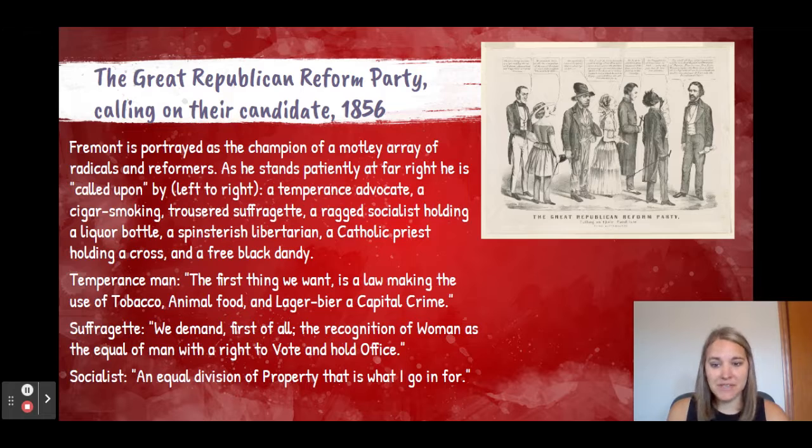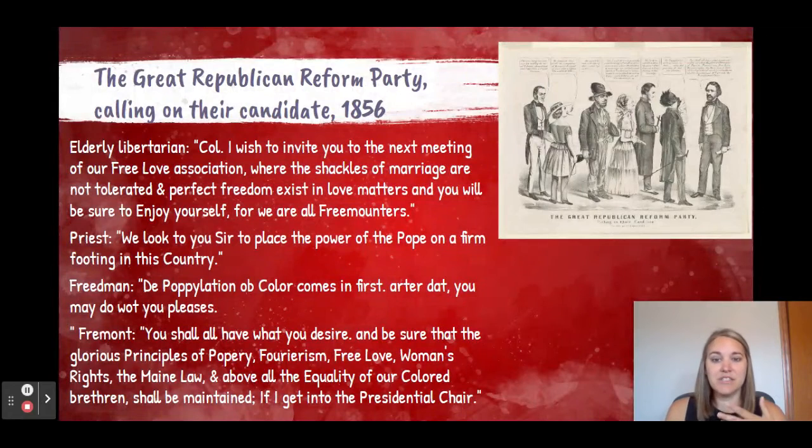So the temperance man is saying that we want to ban tobacco and lager or beer. A suffragette is describing how they want the rights of women to be equal to man. A socialist wants an equal division of property. A libertarian is asking for free love. A priest is asking for the power of the Pope. And a freedman is looking for equality of races.